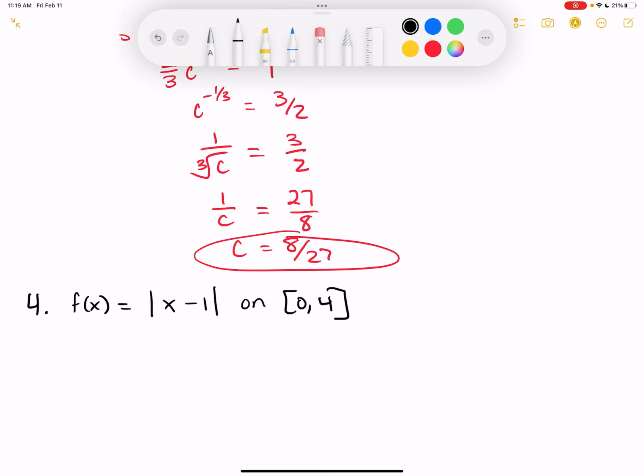So the graph would be something like this. So is that continuous? No, because it has a corner. So mean value theorem does not apply because there is a corner at x is equal to 1.